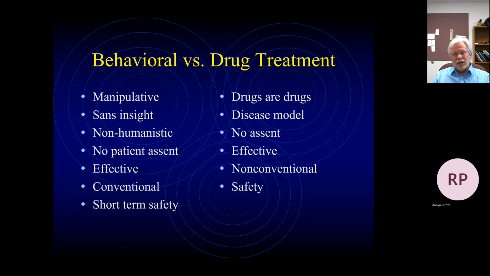The parents make that decision, so the child doesn't assent to it. But it can be helpful. It's usually a second choice under certain circumstances in which the risk versus benefit balance is favorable.